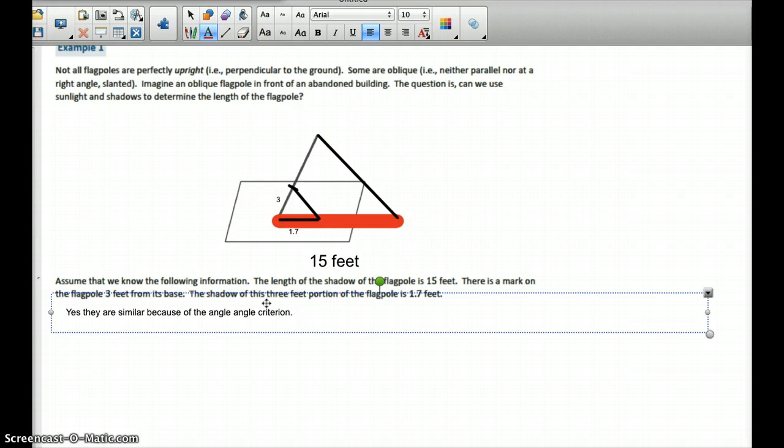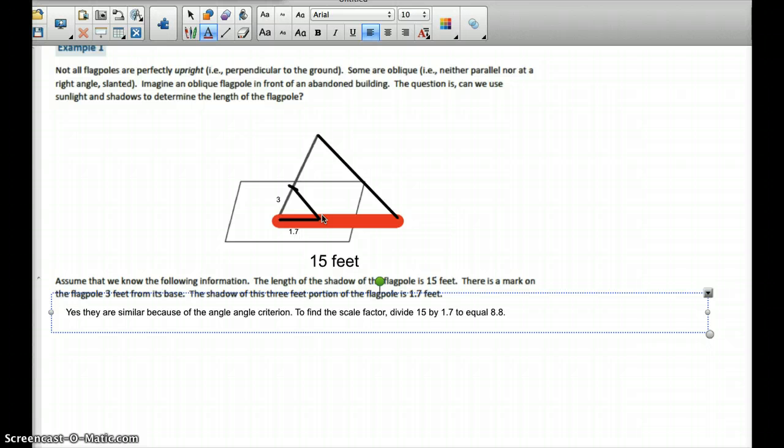Now we just need to figure out next what the scale factor is. So to find the scale factor, you divide your two lengths. So I'm going to divide 15 by 1.7. And when I do that, I'm going to round it to the nearest tenth, so about 8.8.